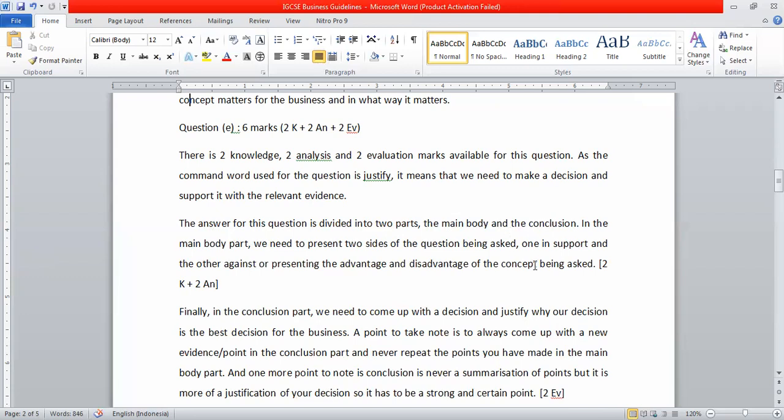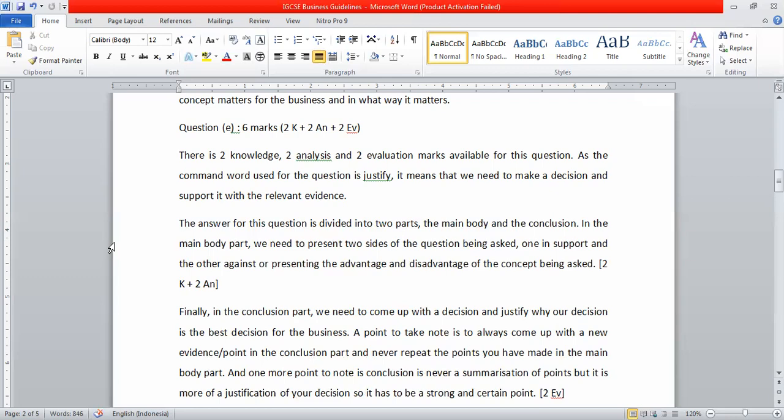One is going to support the concept, the other one is going to be against. Usually you will be asked, is it better to have full-time or part-time workers? So you will present 2 sides. One, you will support full-time. One, you will support part-time. That's called presenting 2 sides.